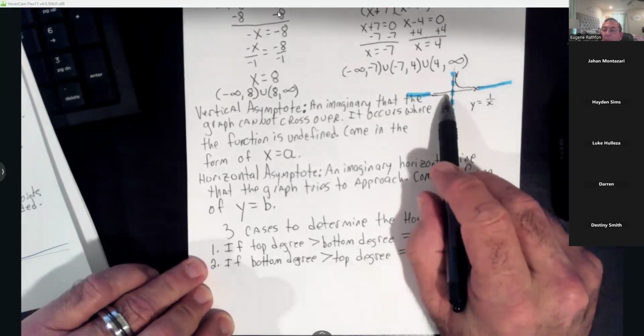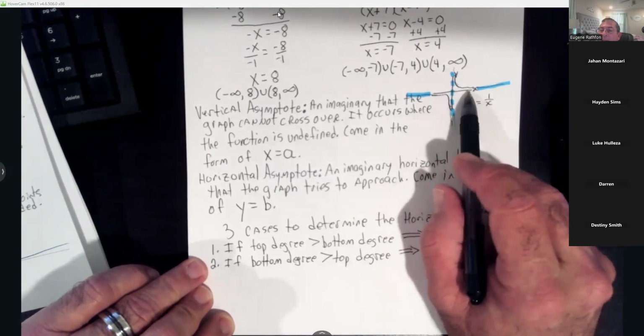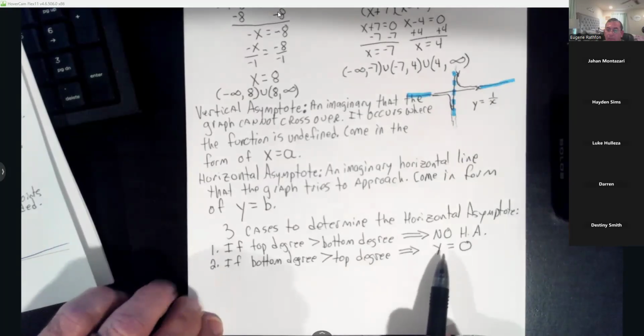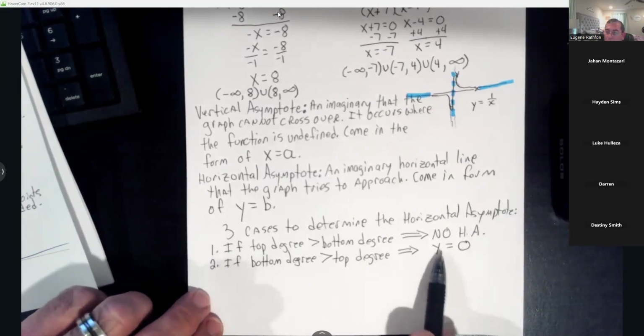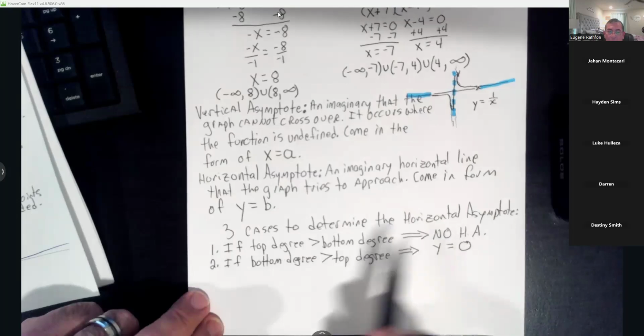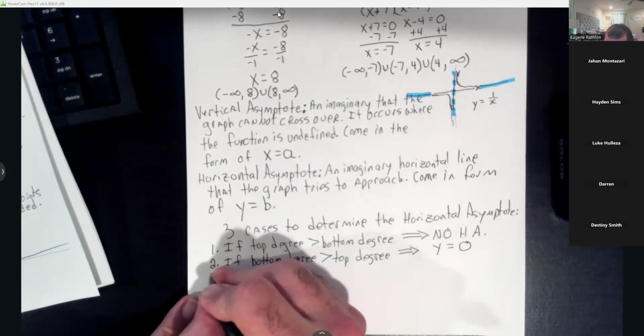Just like this graph, they're trying to approach this x-axis, and the x-axis is where the y value is 0, okay? So that would give me a horizontal asymptote y equals 0. So top bigger, no asymptote. Bottom bigger, y equals 0.